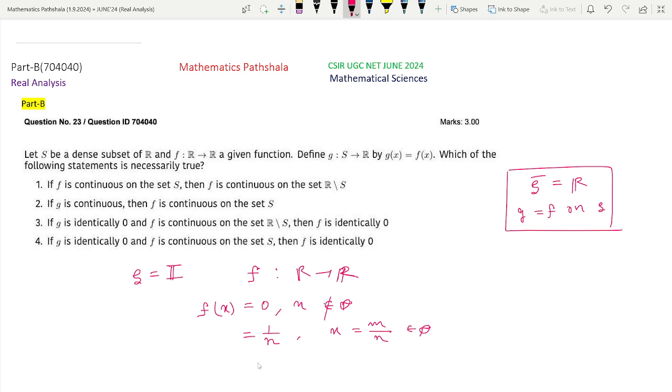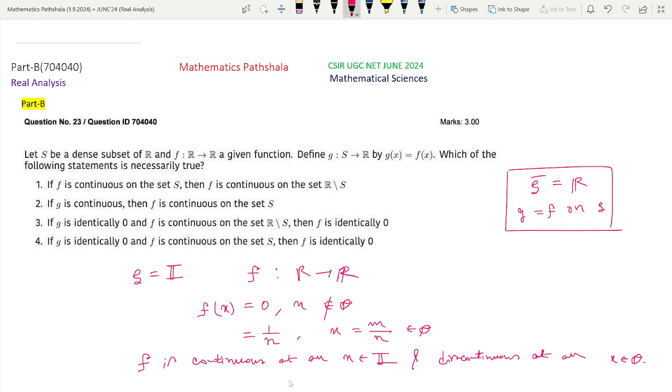This is a very well known function, and we know that this function is continuous at all irrational points and discontinuous at all rational points. Let me write this. F is continuous at all x belongs to I and discontinuous at all x belongs to Q.